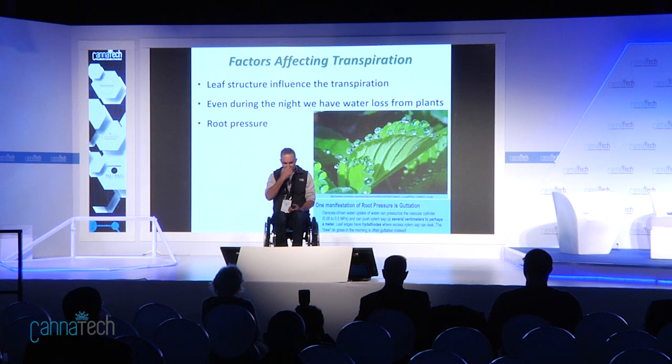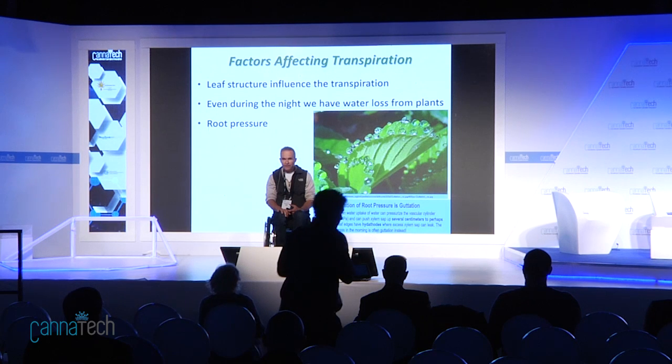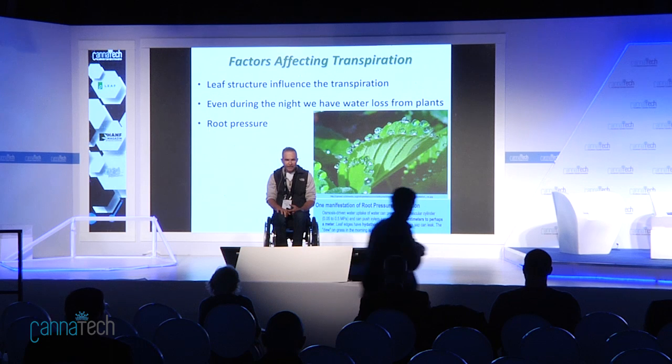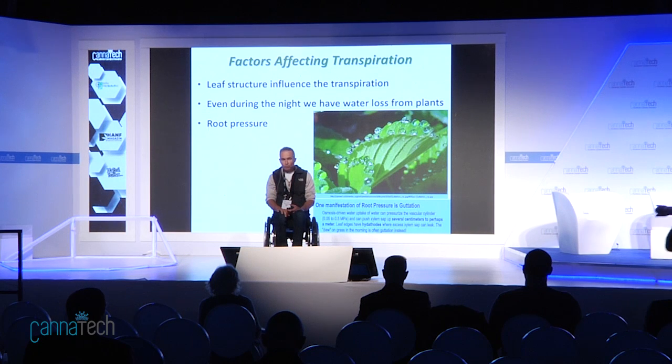Some other water losses from the plant: I must say that the plant can absorb something like 2 to 5 liters per square meter per day, and only 1 or 2% of all this water is for internal purposes. Everything else goes outside, because when the stomata are open, the CO2 comes inside through the stomata, and of course the water vapor goes outside.